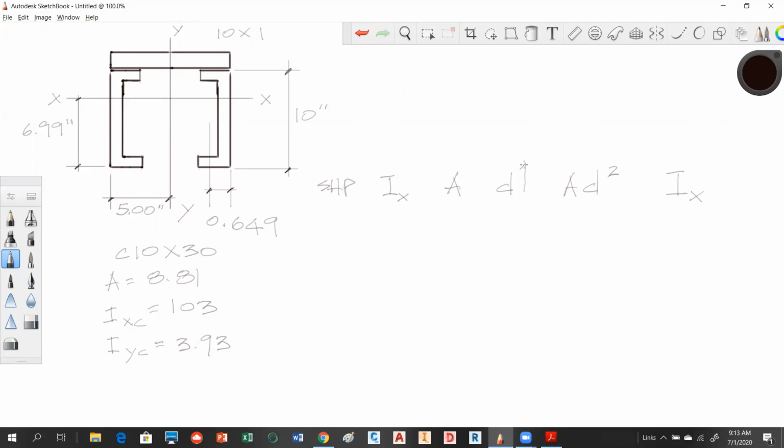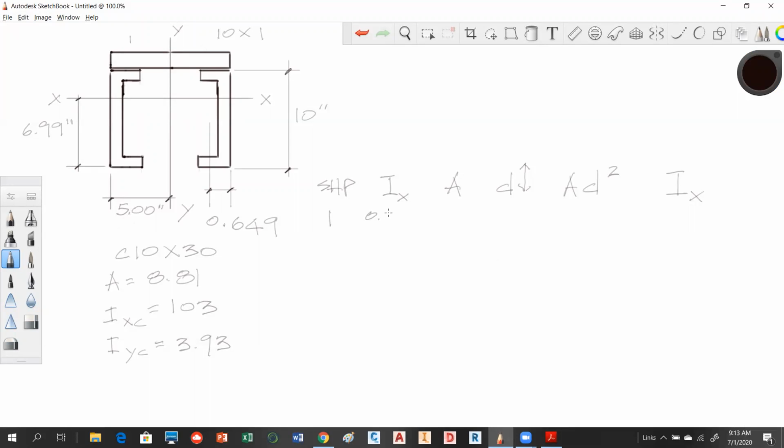And D, remember, is going from x-axis to x-axis, okay? So we're going to look at this shape. We'll call this shape 1. So shape 1, the moment of inertia is 1/12 the base times the height cubed. The base, remember, is going this way in this case, so it's going to be 10 times 1 cubed divided by 12. Doesn't give you much resistance to bending.